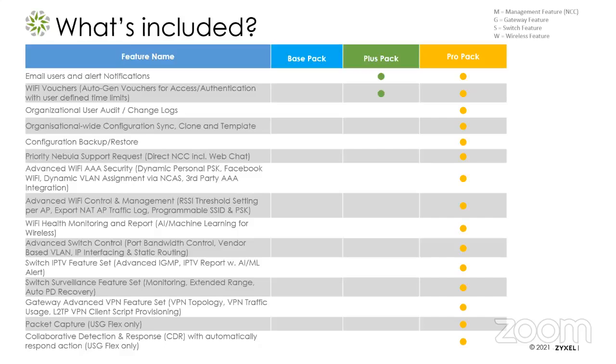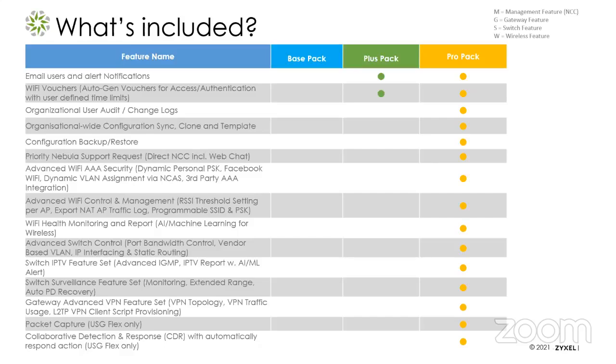And then some Pro-only features here. I won't go over all of them. There's too many here. The ability to do configuration backups and restores for your switches. The ability to use templates to make it easier to make configuration changes across multiple customers. Access to our artificial intelligence and machine learning for our wireless access points for troubleshooting issues there, for troubleshooting IPTV issues.